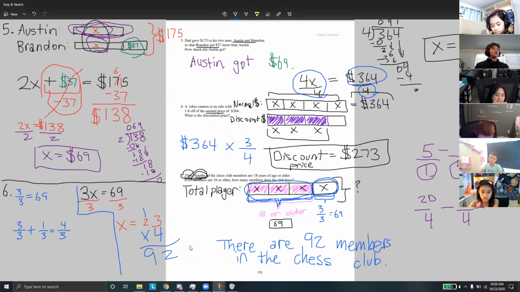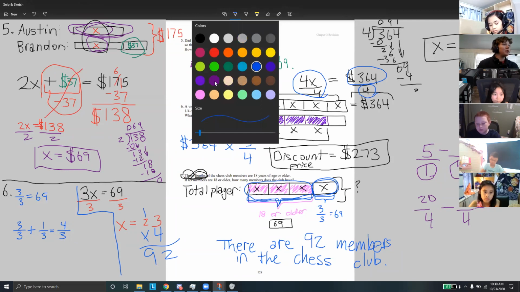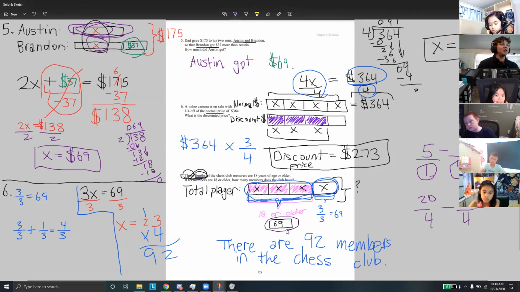So we don't want to know how much 3 out of 3 boxes is. We already know that. 3 out of 3 boxes is 69. We want to know what 4 out of 3 boxes are. So we're going to do 4 out of 3, and then what are we multiplying it by? Well, we're going to multiply it by the value of our 3 out of 3 boxes, because if we did 3 out of 3 times 69, what would that be? 69 times 3 is going to get 3 times bigger.